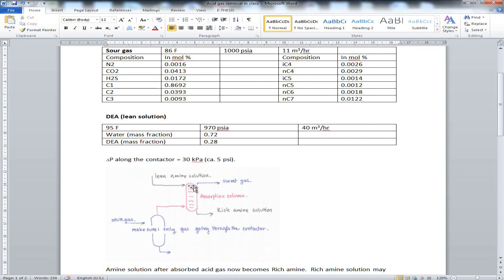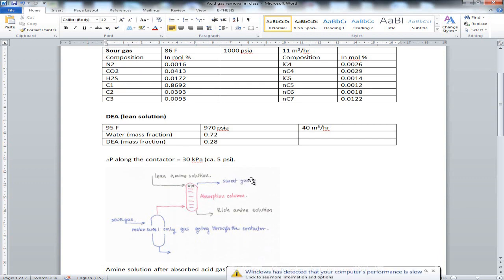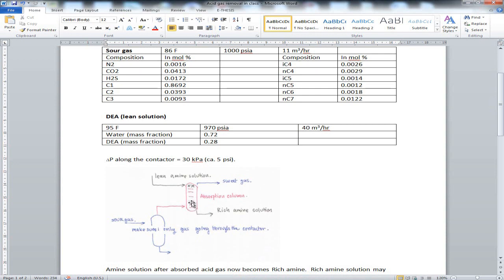Product in gas phase will come out without any acid gas and is called sweet gas, which will be used for any petrochemical downstream process or anything else. While the lean amine solution, which will absorb the acid gas, or containing the acid gas, will be called rich amine solution.